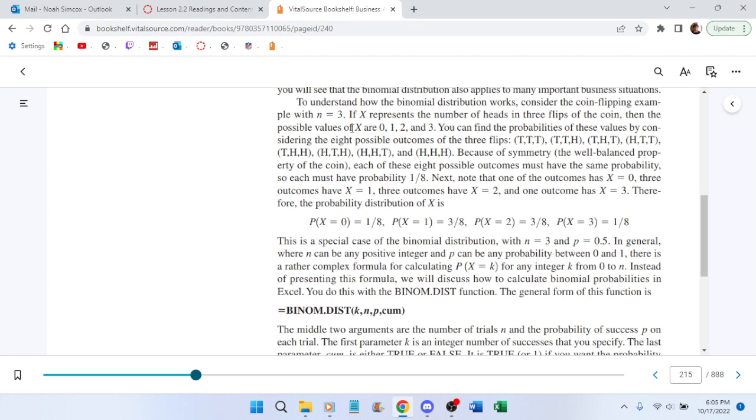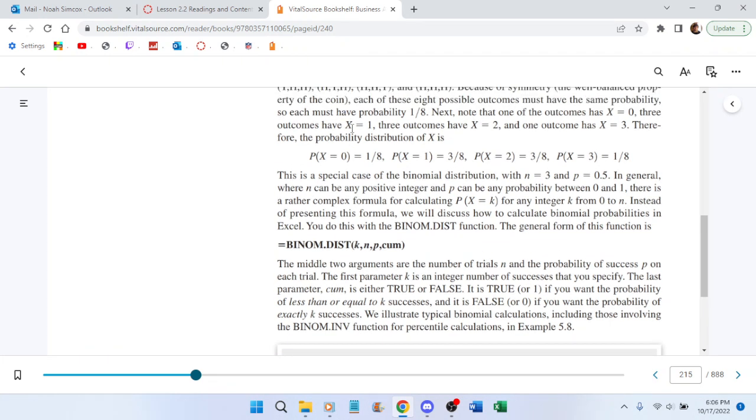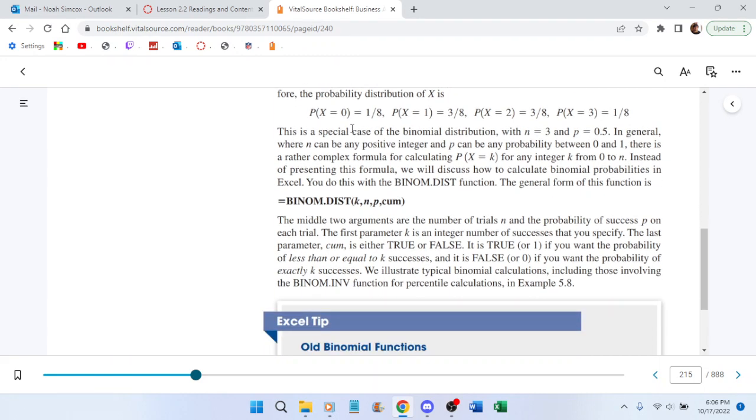Probability that X equals K. Binomial.dist. General form is binomial.dist. True if you want the probability of less than or equal to this, and false if you want probability of exactly this successes.